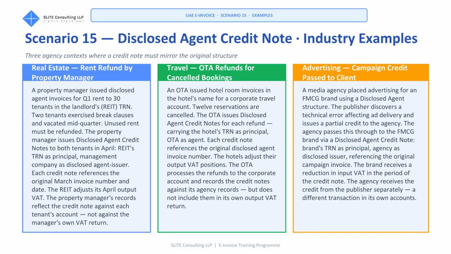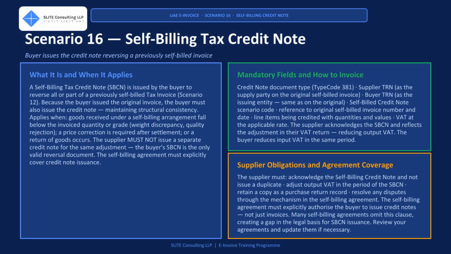Final scenario next. Scenario 16, our final scenario, is the self-billing tax credit note, abbreviated SBCN. Because the buyer issued the original self-billed invoice from scenario 12, the buyer must also issue the credit note, maintaining structural consistency. Triggers.